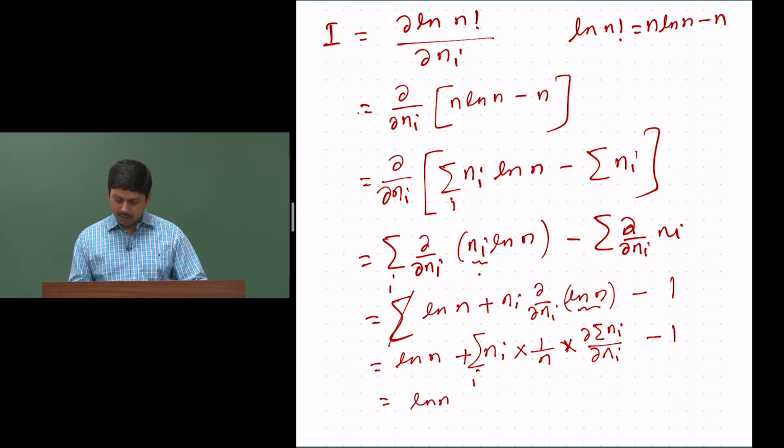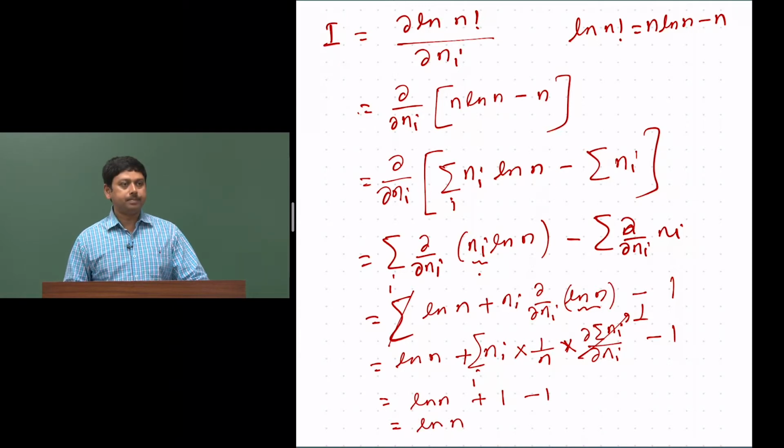So, then it is ln N. Now, this term is going to be 1, since the sum of n_i by N is going to be 1, minus 1, and you are going to get ln N.